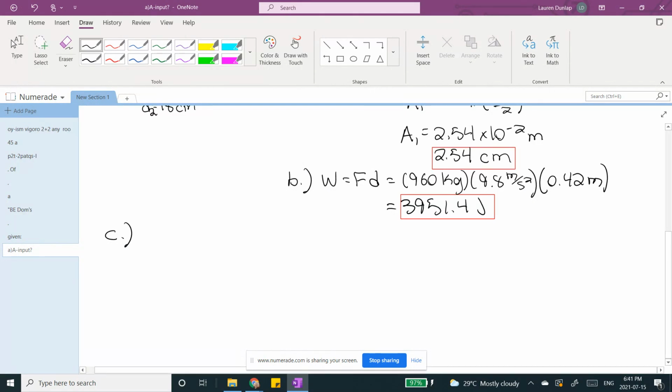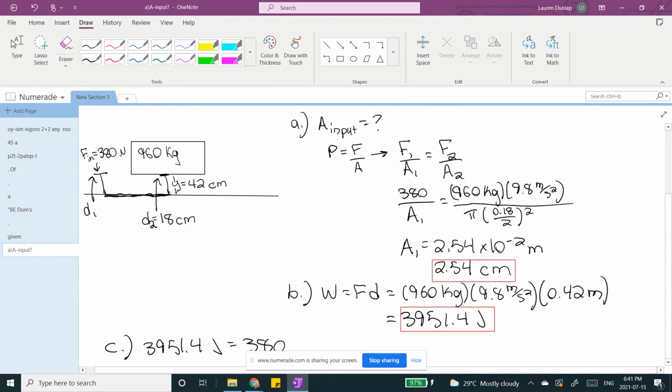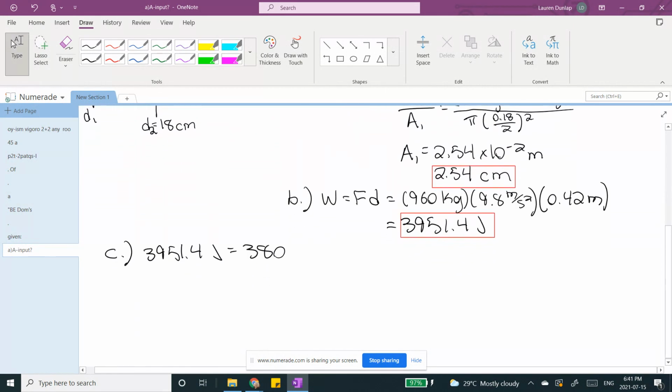So we know that 3951.4 joules is going to equal 380, which, if we scroll up here, is our input force, times the distance. So we plug that into our calculator, and we get 10.4 meters.